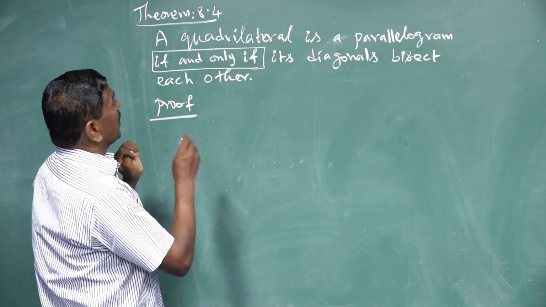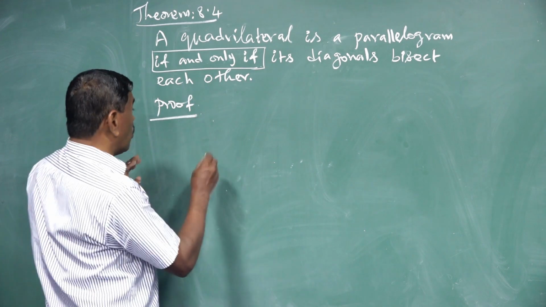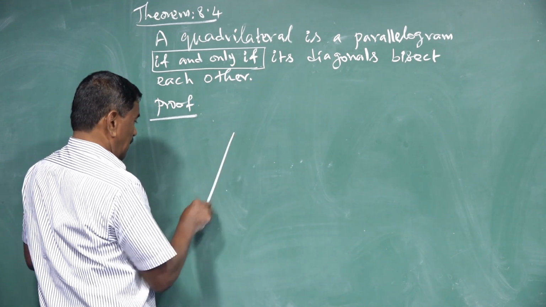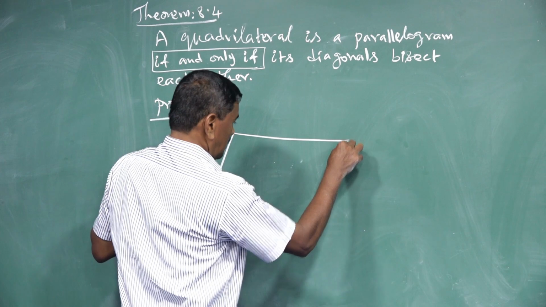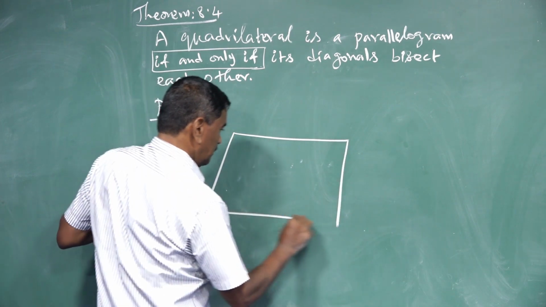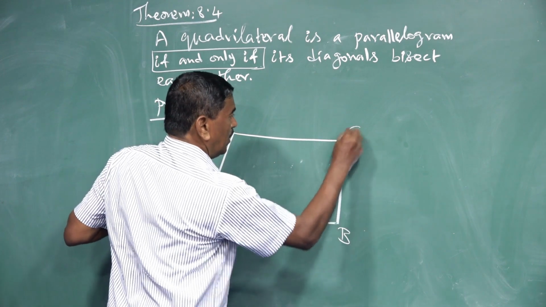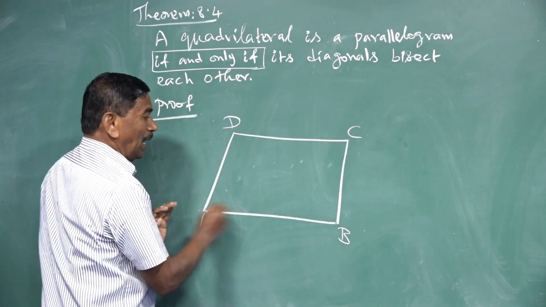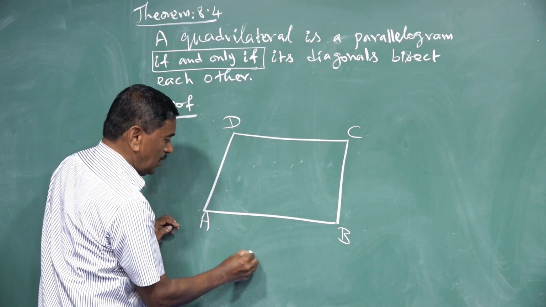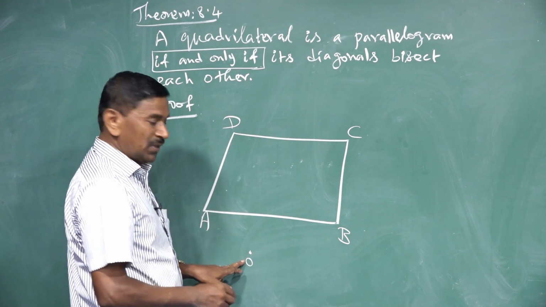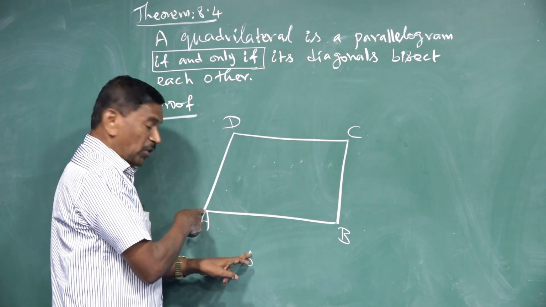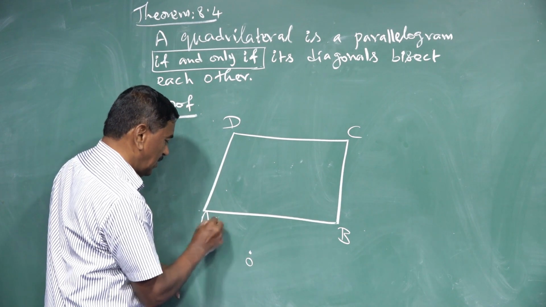That's all. Okay. Now let us draw the quadrilateral. Let ABCD be a quadrilateral. Let O be the origin. The position vector of A with respect to origin O is A vector.